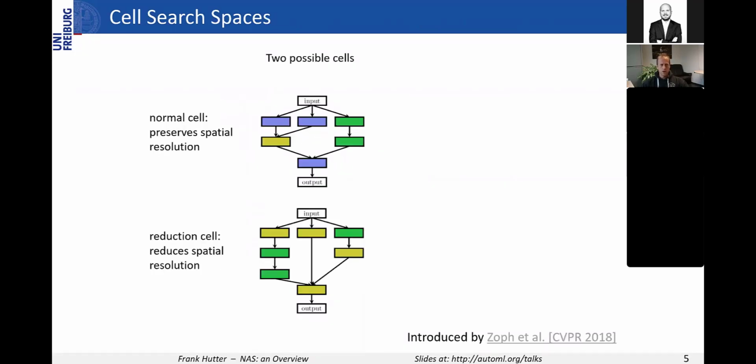The most popular type of search space these days is a so-called cell search space, which was also used by Zoph and Le in a follow-up paper at CVPR. Here, they had two types of cells, one that preserves the spatial resolution and one that does downsampling.